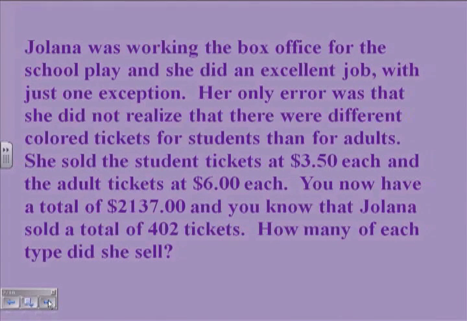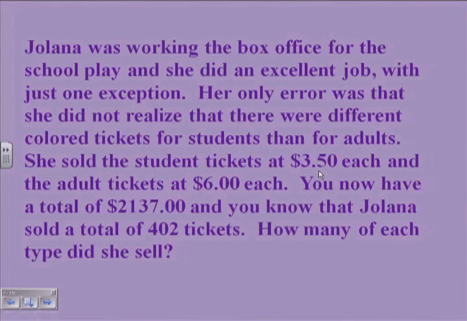Now she did sell it at different prices depending on whether this person was a student, in which case they paid $3.50, or an adult at $6 apiece. So now you want to know, well, how many adults and how many student tickets did we sell?